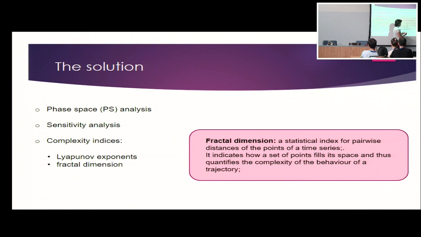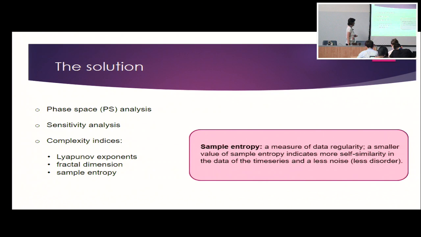So if I measure the distance between points of the time series, at the end I'm measuring how the trajectory of my dynamics fills the space. So how much space it occupies and in which way this trajectory occupies the space.